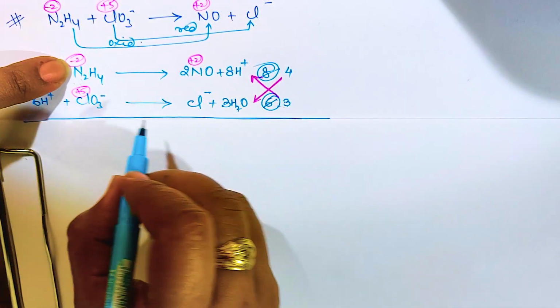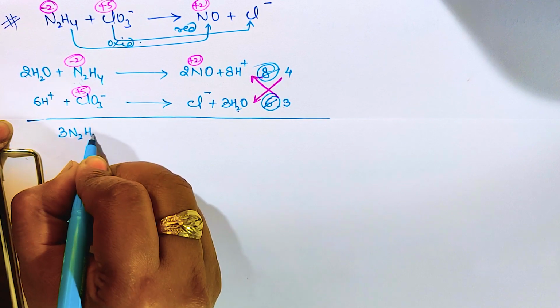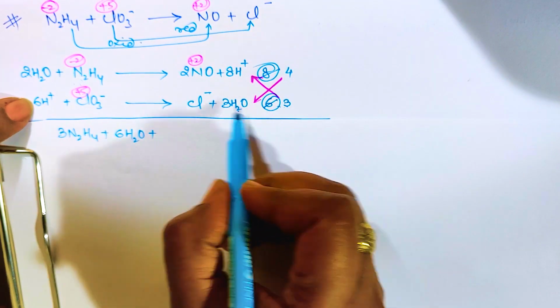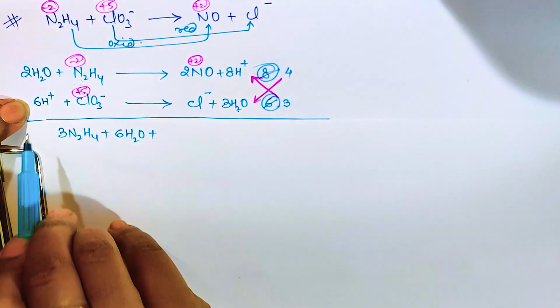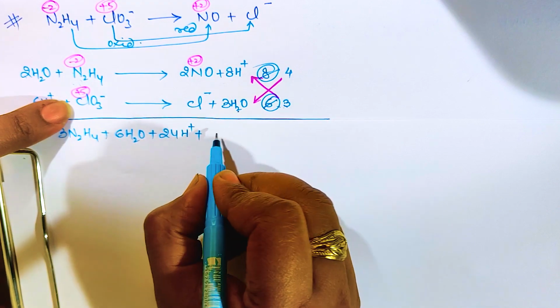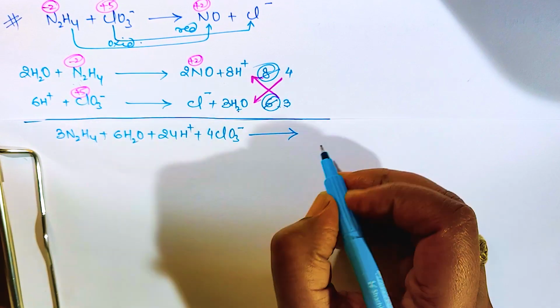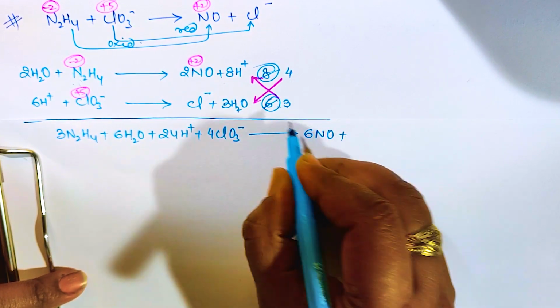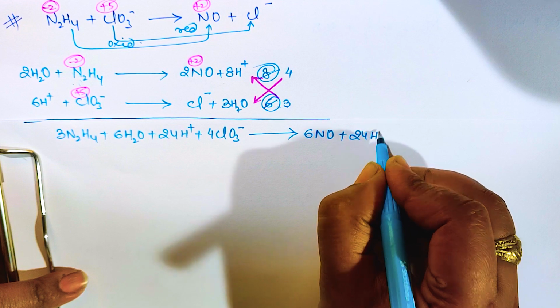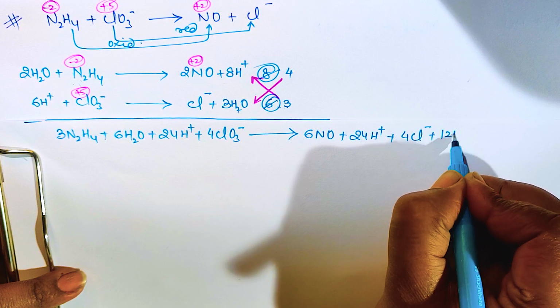So let me write with this N2H4. It will be multiplied by 3. So 3 N2H4 plus 2H2O, already here 3 multiplied, so this will be 6H2O plus, then in this case these all are reactants, 6H plus will be multiplied by 4, so it will be 24H plus, 4 ClO3 minus, isn't it? Changes into 3 2s are 6 NO plus 3 8s are 24H plus, 4 Cl minus plus 12H2O.